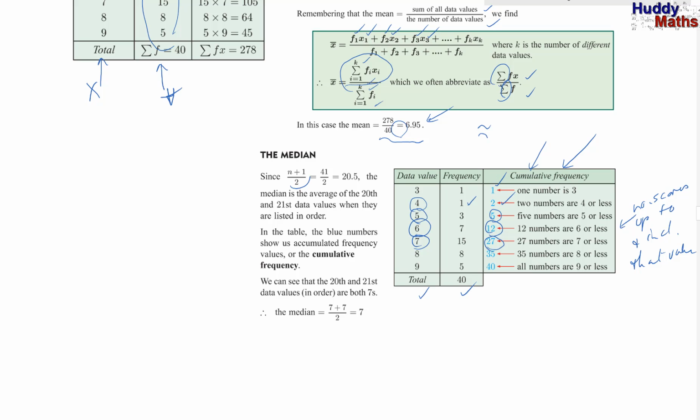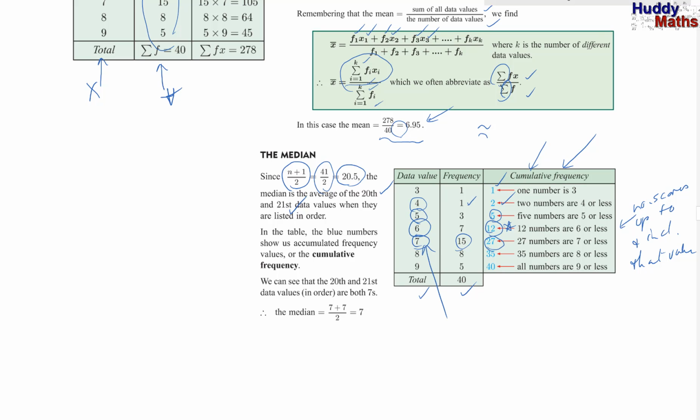Because if we want the median, n plus 1 on 2 is 41 on 2, which is the 20.5th score, or halfway between the 20th and the 21st score. So coming down here, where are they? There's 12 scores up to there, and then the next 15 scores are all 7s.